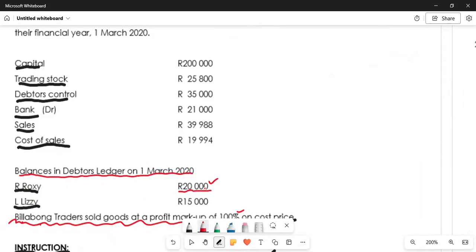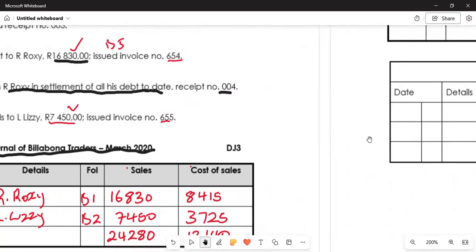Then we are going to enter it as the balance in the debtors ledger of Roxy.